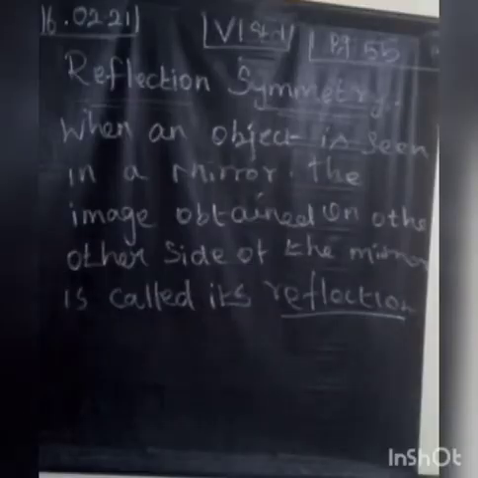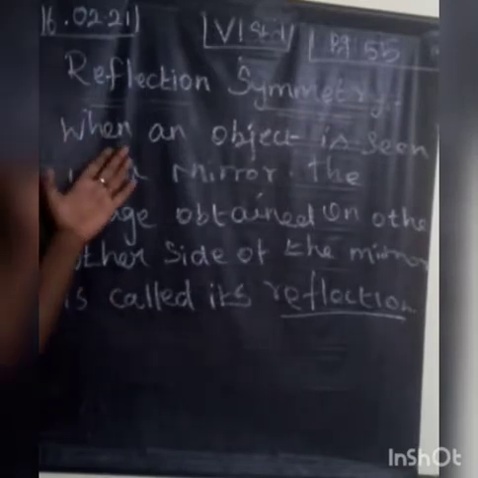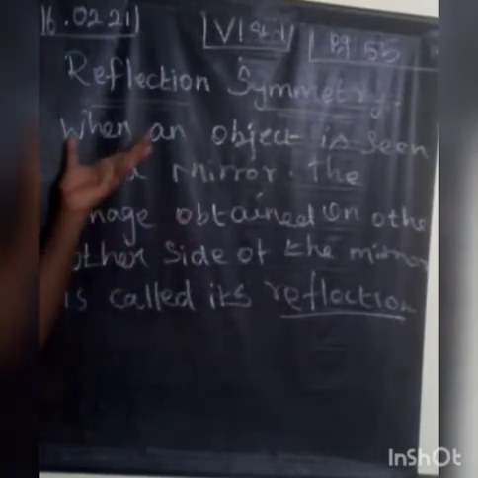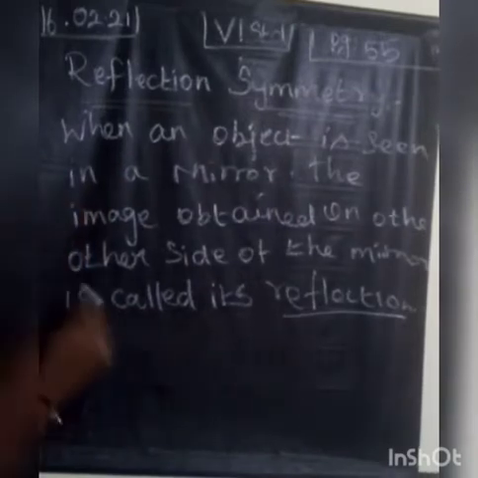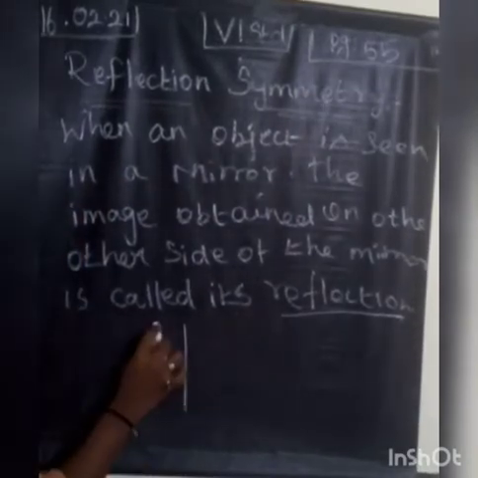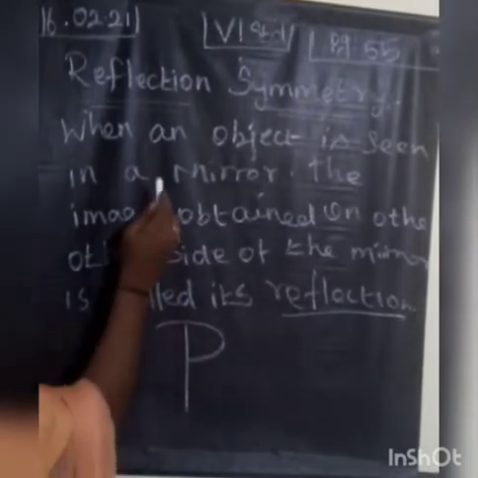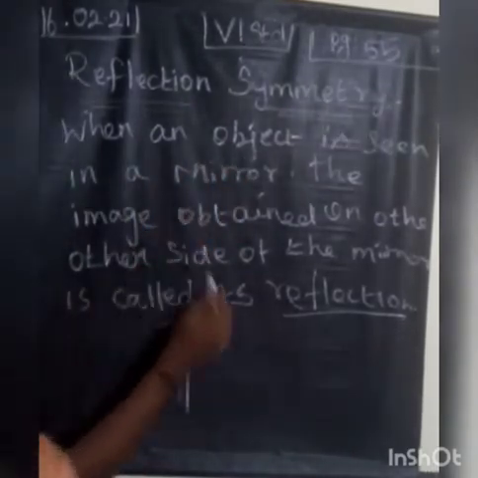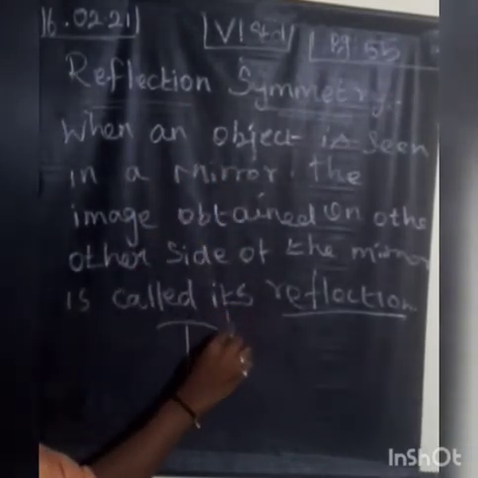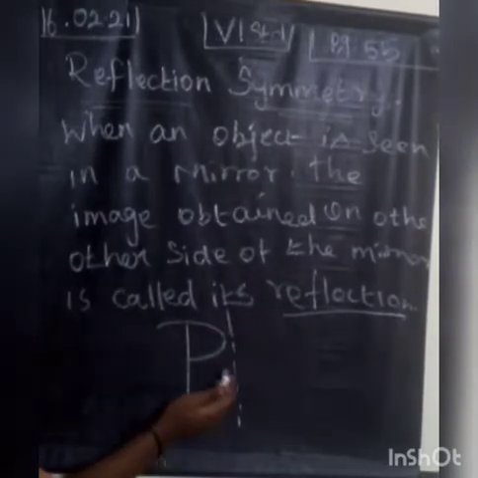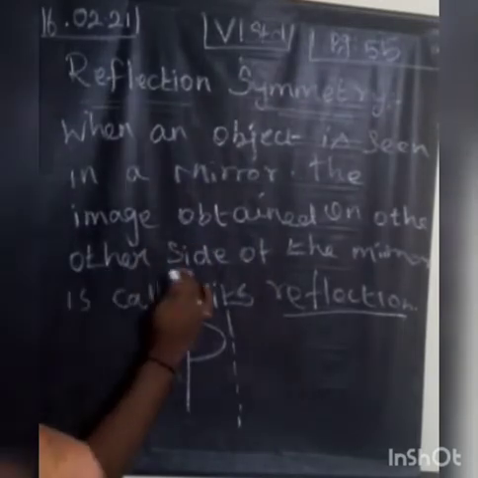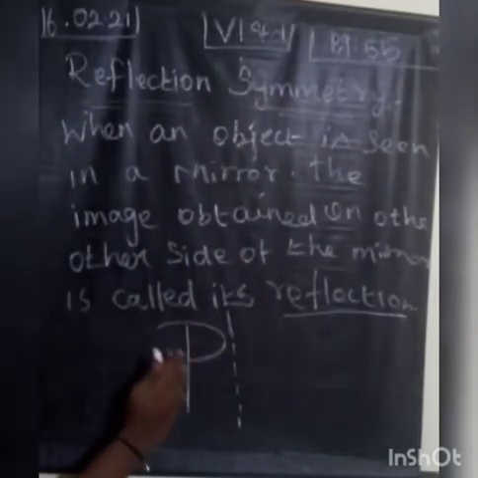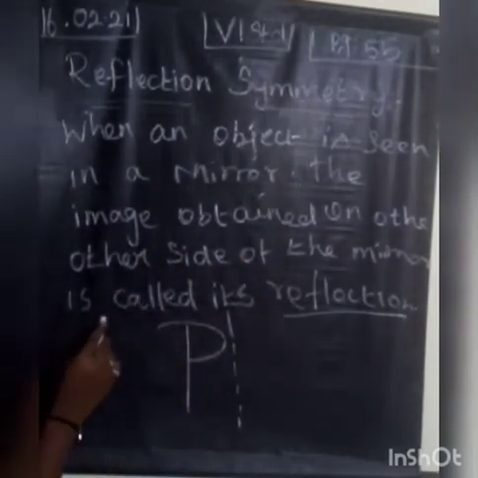Now we are going to learn the definition of reflection. Reflection is when an object is seen in a mirror. Taking the alphabet P, imagine the mirror is here. The image obtained on the other side of the mirror is called the reflection.